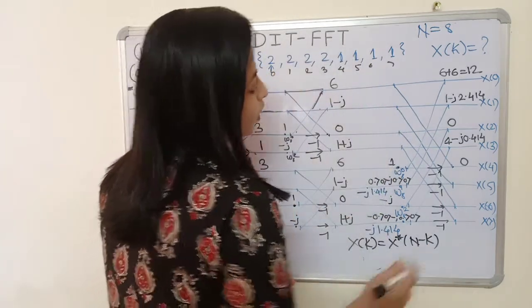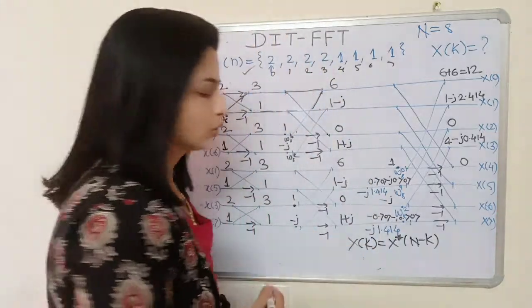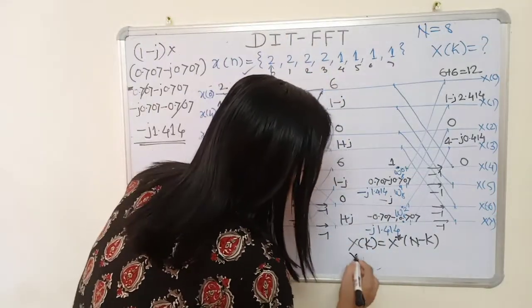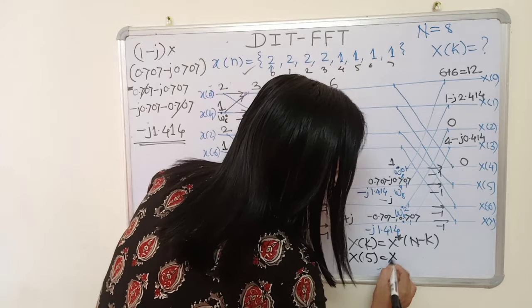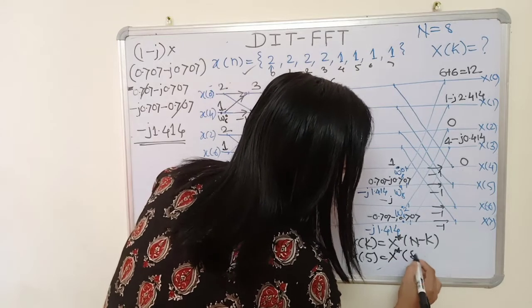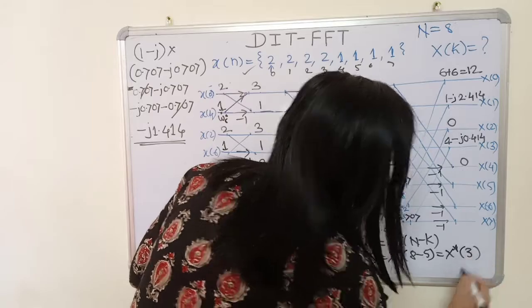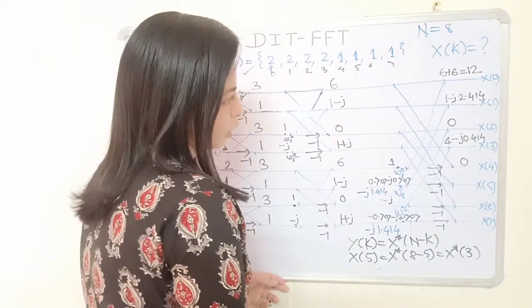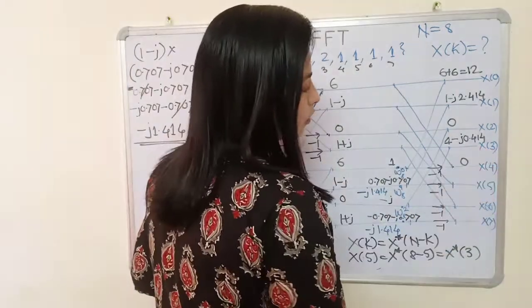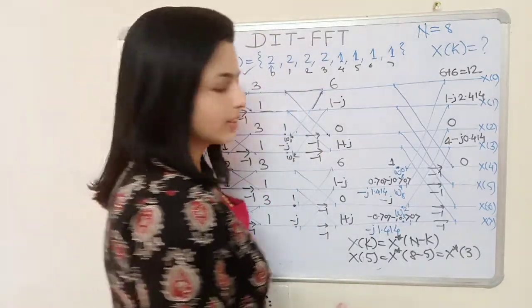Okay, so we want to calculate now x of 5. So we'll see x of 5 is equal to x star of 8 minus 5. So x star of 3. Okay, so x of 3 we have calculated. Now we have to take conjugate of x of 3.